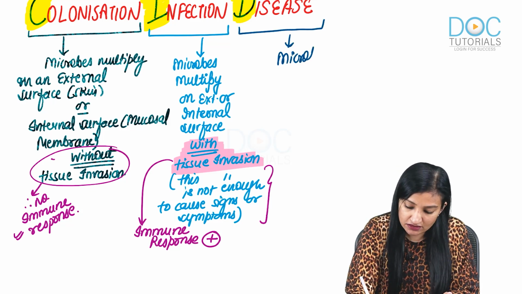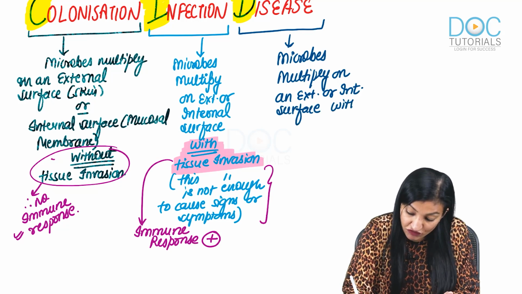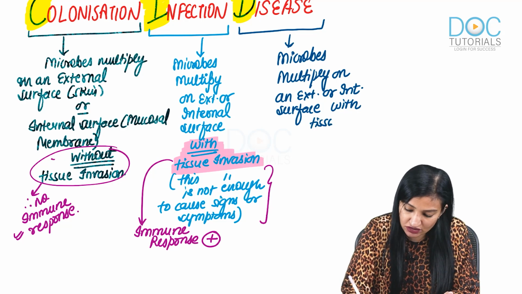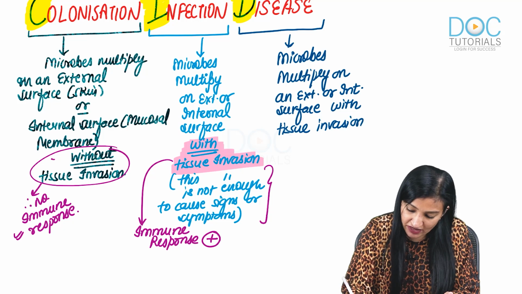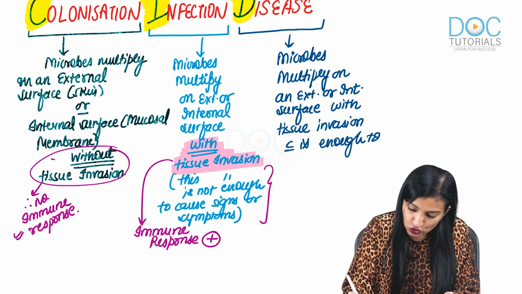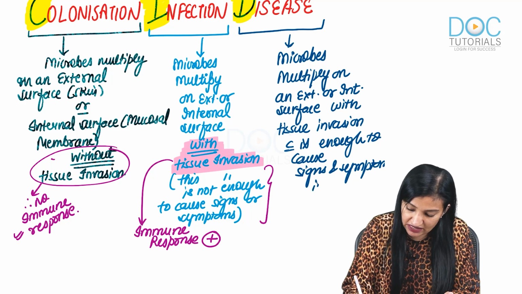Over here, what is the story? The microbes multiply on an external or internal surface with tissue invasion, which is enough to cause signs and symptoms in the host.